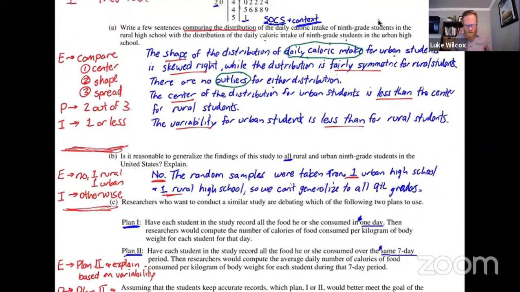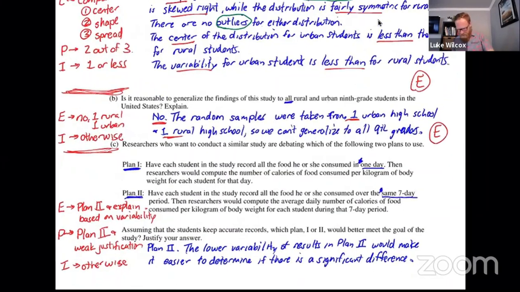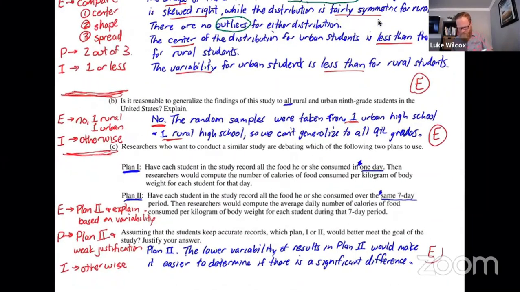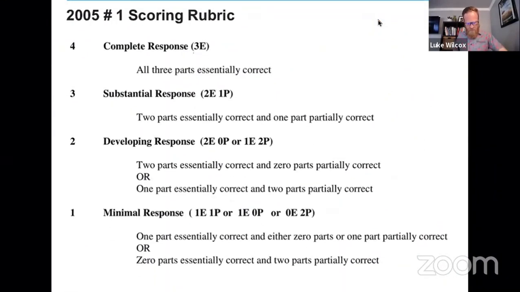So I think for our 3 solutions here, we did get an E on part A, an E on part B, and an E on part C. And then we can now convert that into a score out of 4 points. So here's how you convert the score. And you'll notice here that if you got 3 E's, like we did, that would be scored as a 4.